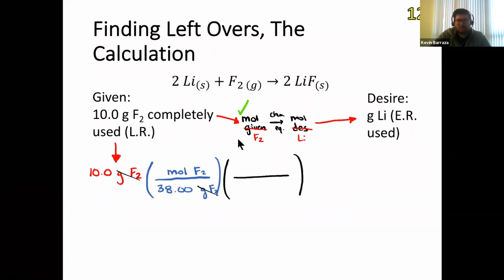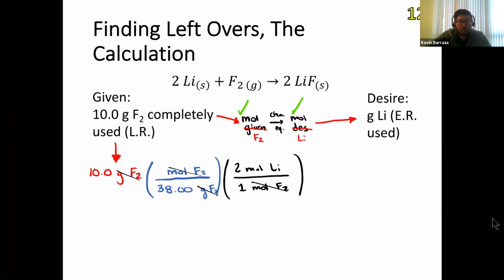So we just want to be sure we understand what all of these pieces mean. But that's going to make our fraction: 1 mole of F2 is going to be 2 moles of Li. And that's going to allow us to cancel the unit. Now we get past the second hurdle. Our last is to go from moles lithium to grams lithium.